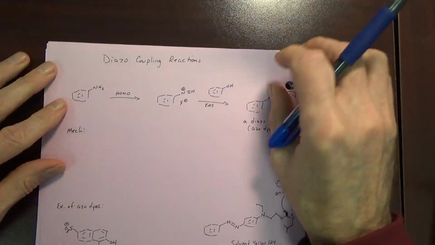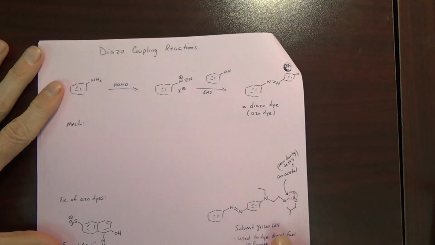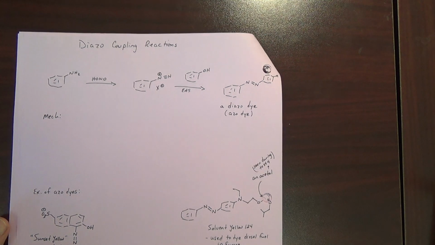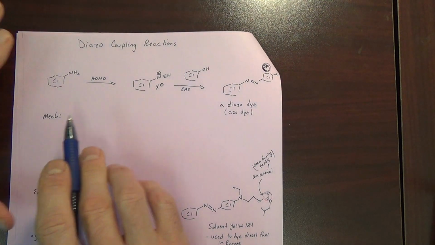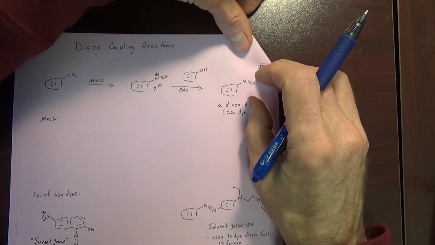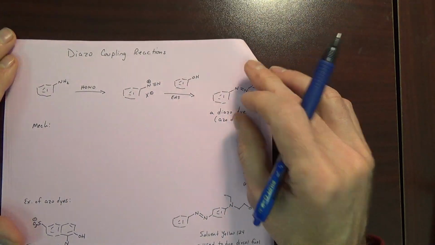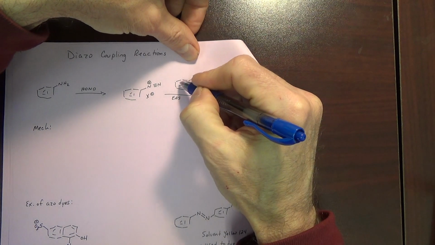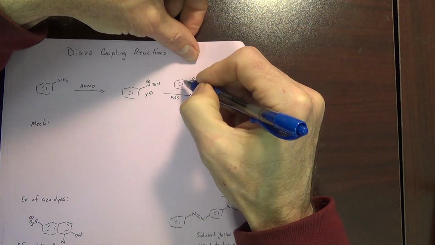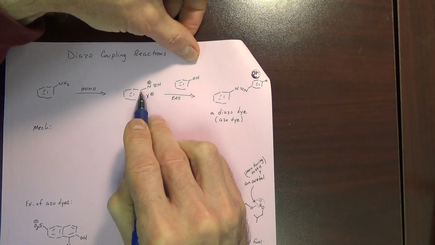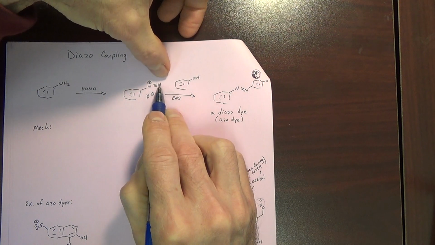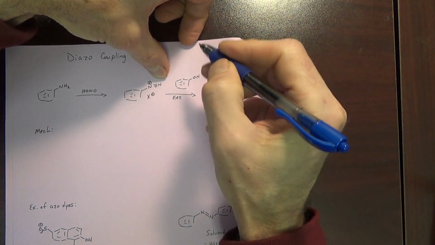Okay, another reaction of diazoniums is a so-called diazo coupling reaction. And here's a diazonium that I made from nitrous acid. Now, another reaction that they will undergo is if you throw in an activated aromatic, it will attack the diazonium, but instead of kicking off nitrogen and bonding here, this nucleophile will bond to this terminal nitrogen, as I alluded to.